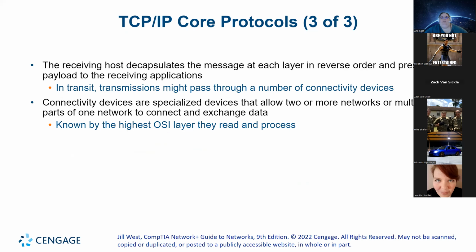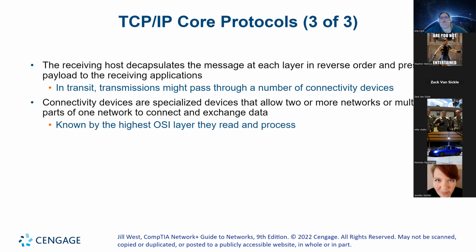So the receiving host decapsulates the message at each layer in reverse order. The reason they have the order on there is you just have to remember each down and then up. Everything goes in either order or reverse order, and presents the payload to the receiving applications.